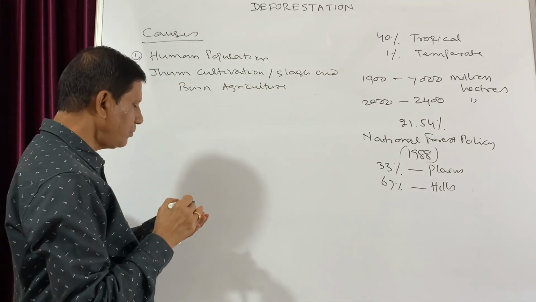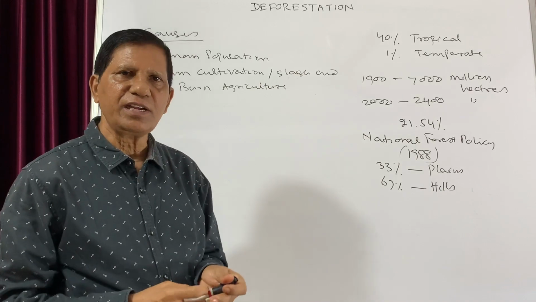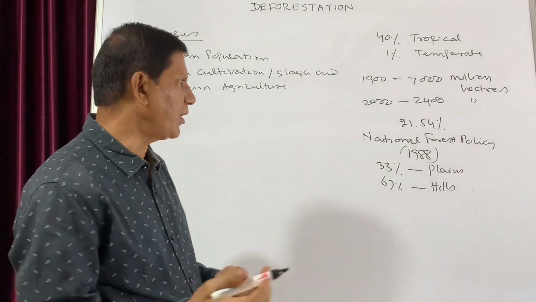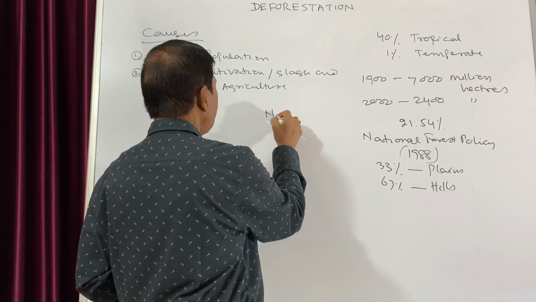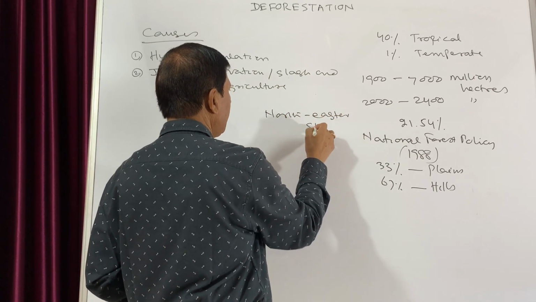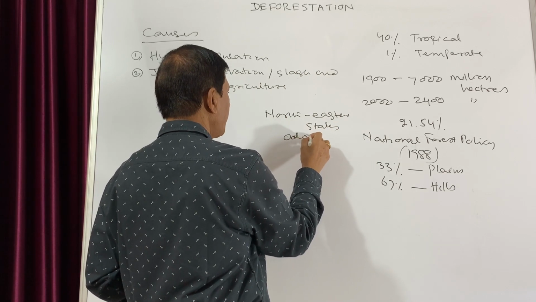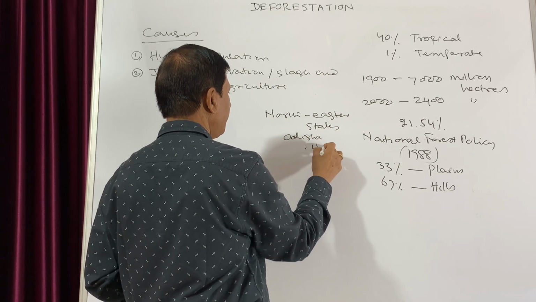Now, this jhum cultivation or slash and burn agriculture is very common in the northeastern states, and also it is very common in Odisha and West Bengal.